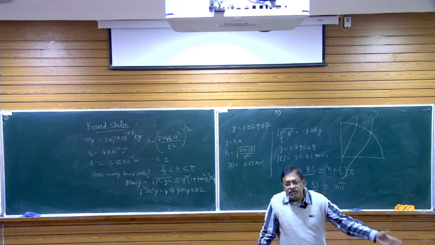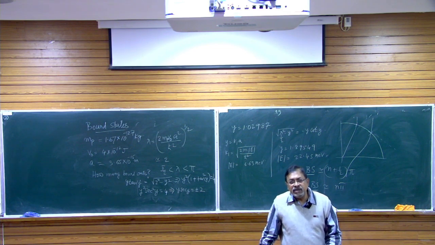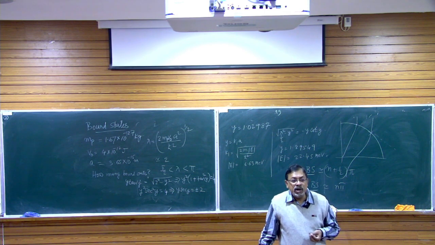For the free particle inside an infinite potential well, there was a very simple solution. Your E came out to be n square pi square h cross square by 2m a square, or L square, depending on whether you talk about the length to be L or a. That was much easier because the energy came out directly.